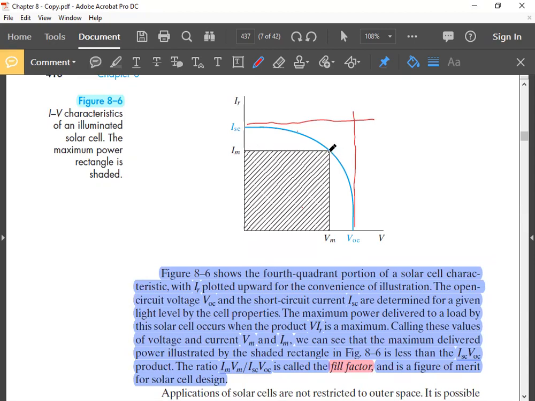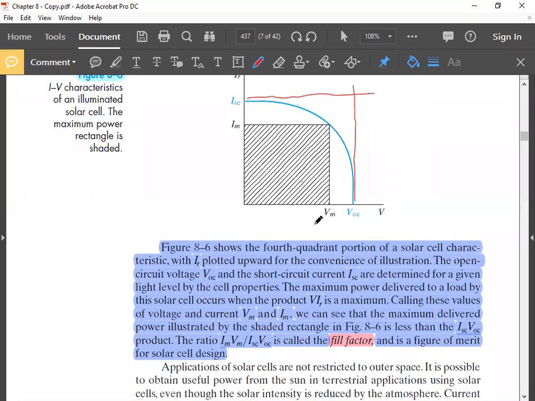So in this case, say this point is the maximum power point, where the area under this rectangle, that means this V into this I, is maximum. So the V and I corresponding to this maximum power point are Vm and Im.